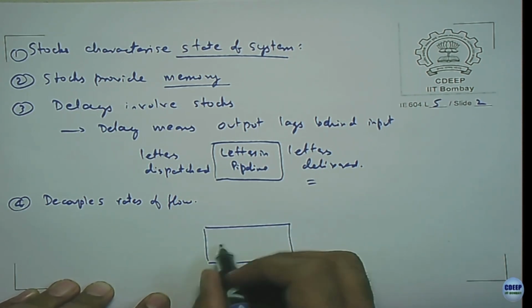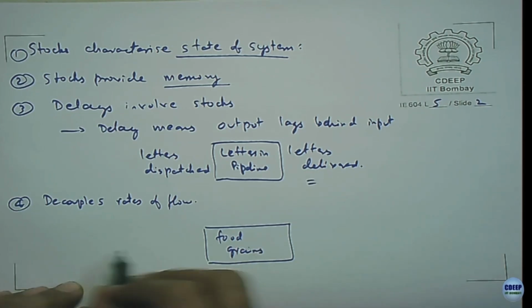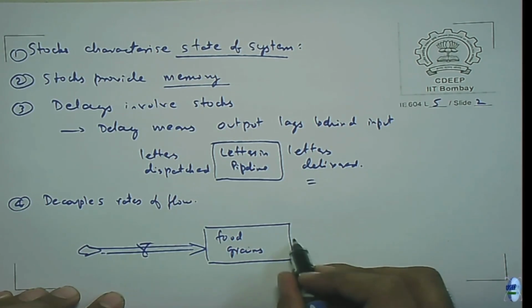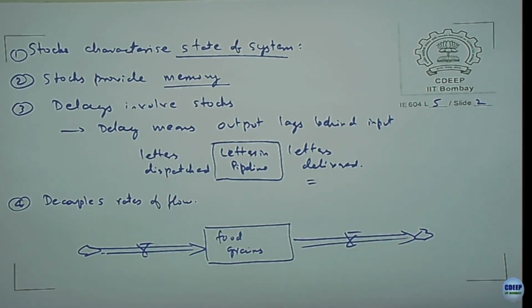Let us have a stock of, say, food grains. What will affect the stock of food grains? How will it increase? How will it decrease?